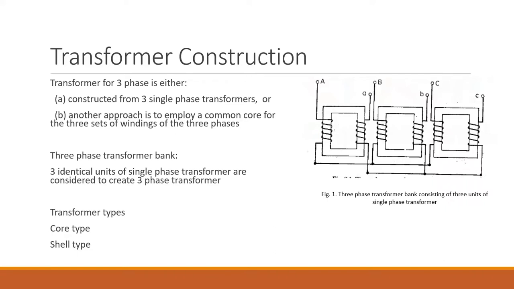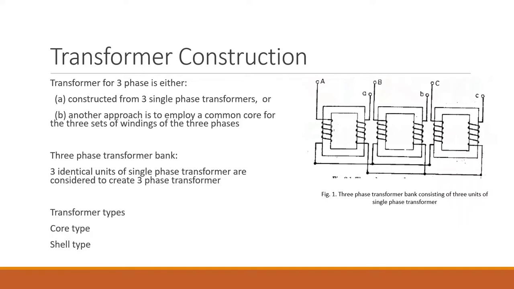When we construct a three phase transformer from three single units of single phase transformer, such construction is called a three phase transformer bank. It is called a three phase transformer bank.